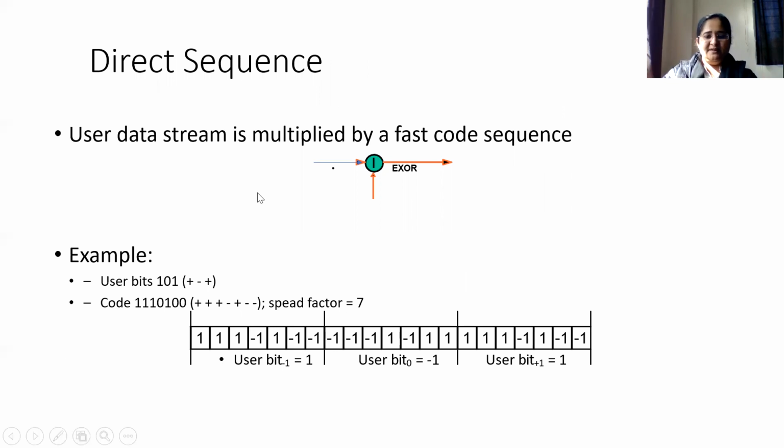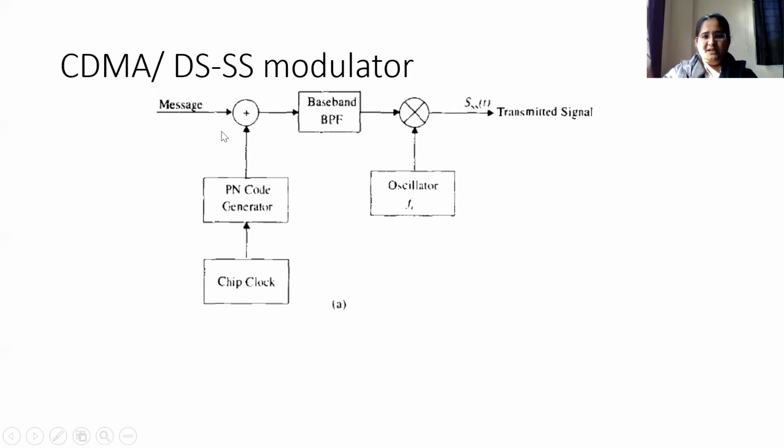After spreading, as we have seen here, our signal will be modulated by whichever modulation scheme we adopted. And this is the frequency generator corresponding to your modulation scheme. After modulation, we transmit our signal. This is the complete transmission block diagram of CDMA.